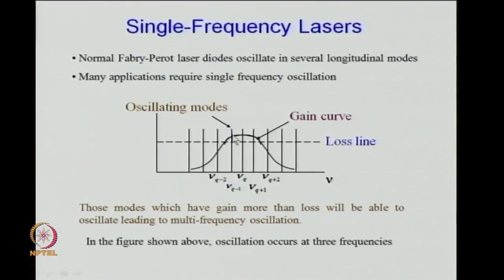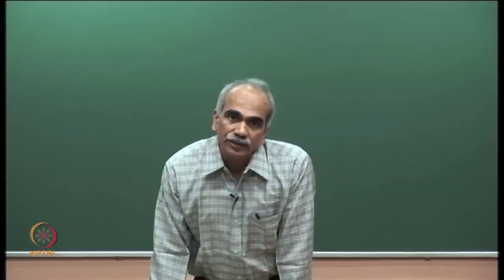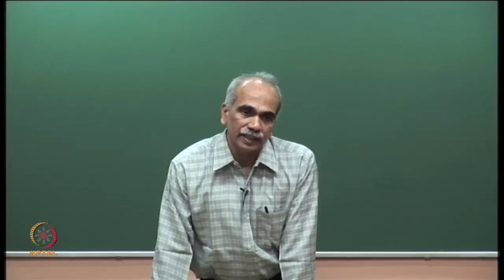At those frequencies gain is more than loss, the loss line being the horizontal line, and therefore only these three resonance frequencies or longitudinal modes can oscillate in a laser.